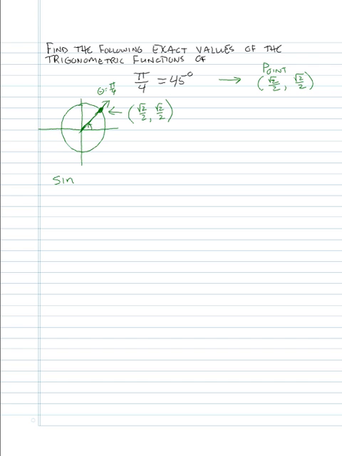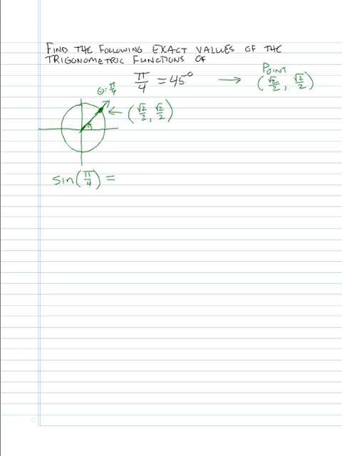Then the sine of, instead of calling it t now, because it's the same t, and that is the arc length, and the angle in radian measure are the same because we discovered that a while ago. Because we're on a unit circle. Well, how do we calculate the sine of this number? We look at the second coordinate of the point that it brings us to, where the angle intersects the unit circle.